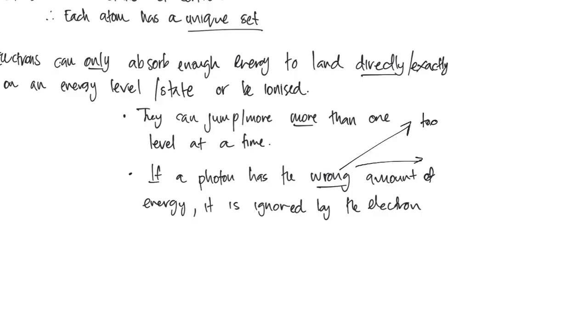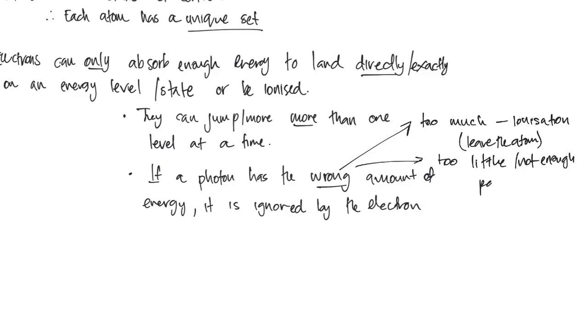If the energy is too much, it's probably going to go to ionization, and then it will leave the atom. If it's too little or not enough, then it will pass right through. So it will have no effect on the electron. Right? Those are the conditions here.